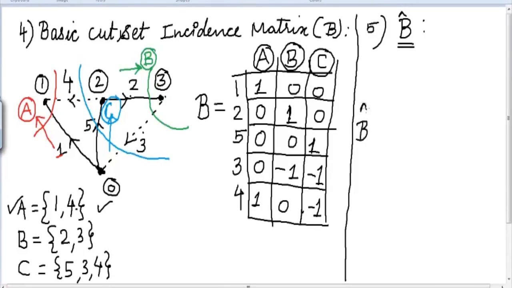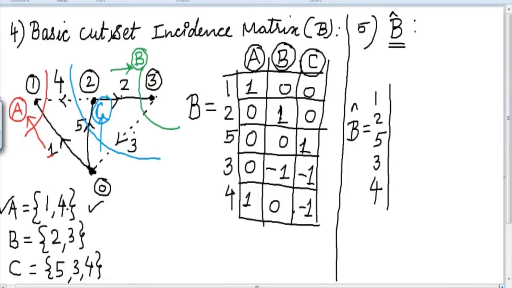So what you have to do here is write the previous matrix from the B and then add the number of links to the portion of the previous matrix. That will complete your B dot, which is the tie cut set or the augmented cut set, right? So up to C it will be same.